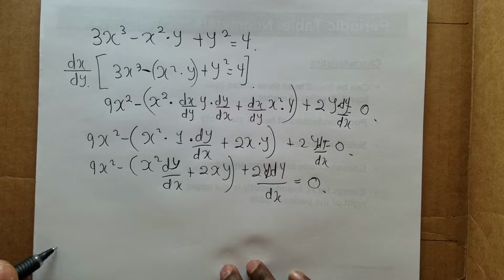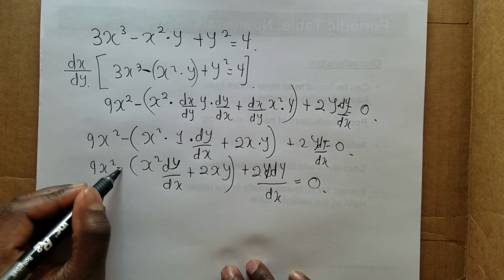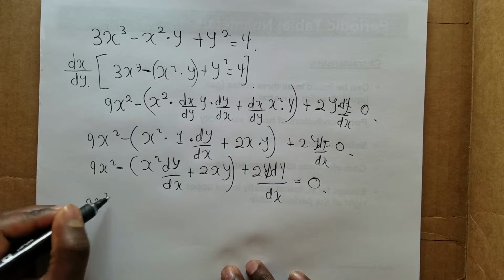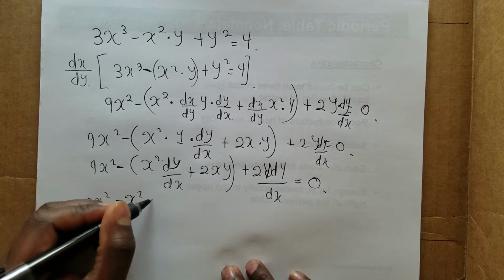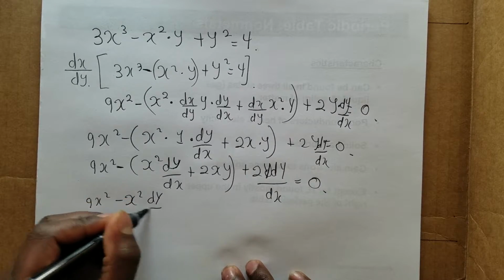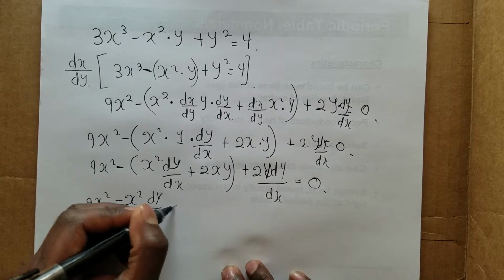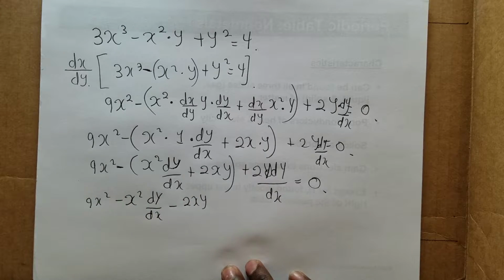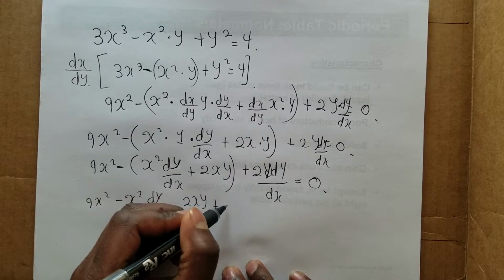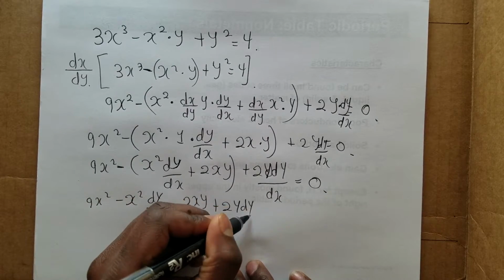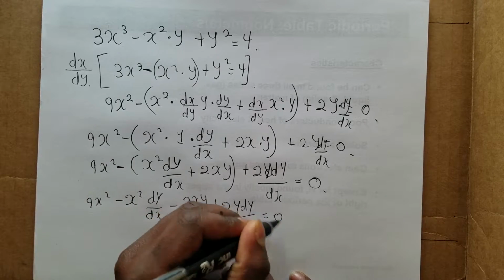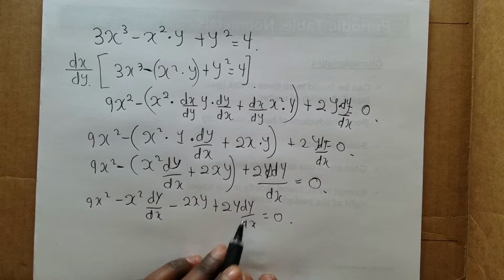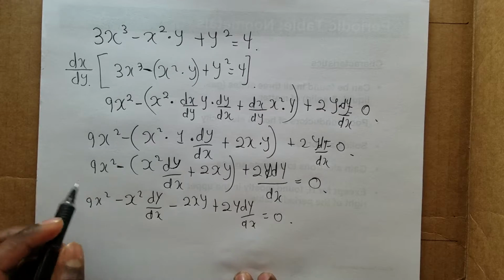Now you just distribute the negatives. So you get 9x squared minus x squared dy/dx minus 2xy, plus 2y dy/dx is equal to 0. You want to solve for dy/dx, so you bring dy/dx by itself.